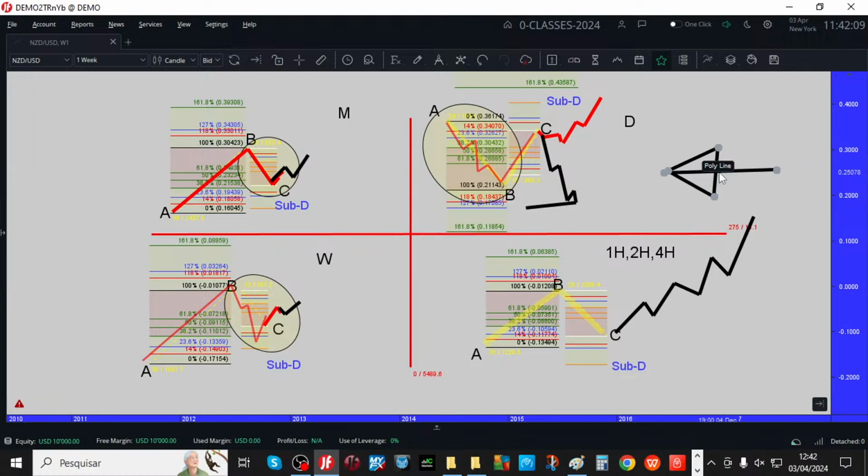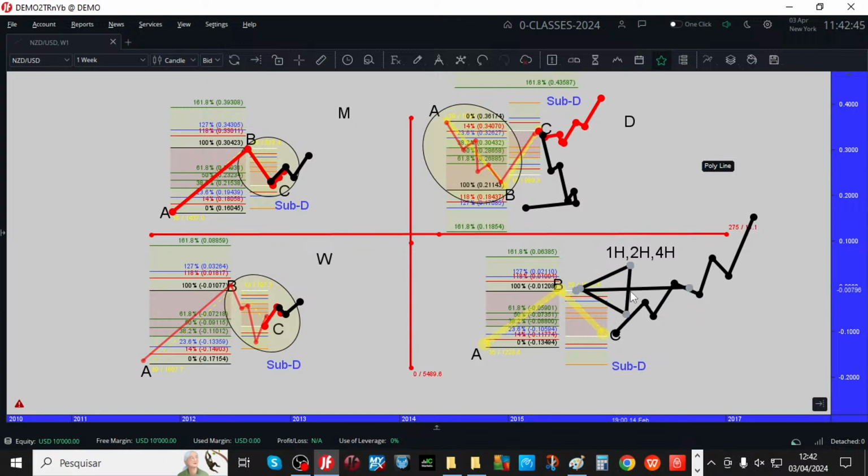So if you are trading the contrarian, let's say this is an example, the original Fibonacci on the daily is down. You have a confirmed C from the down original Fibonacci. Your sub D extension is above the A, so you want to short the contrarian Fibonacci on the 1 hour, 2 hour, 4 hour chart.